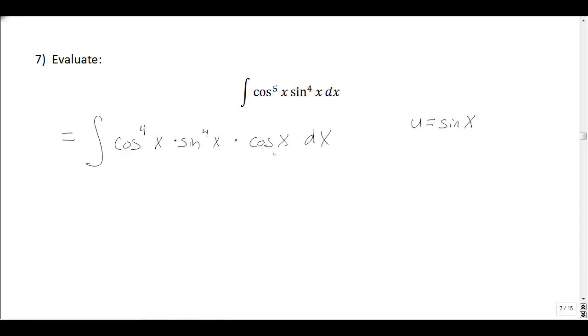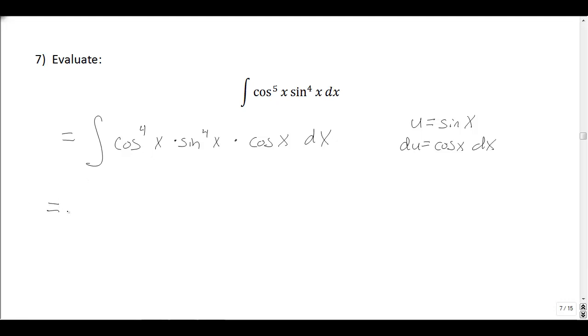And the reason I want 1 cosine x, and the reason I wrote it off to the right there, is then du is cosine x dx. So I already have this sine to the 4th x as u to the 4th. Cosine to the 4th, I want to convert that to sines, and I can do that if it has an even exponent.